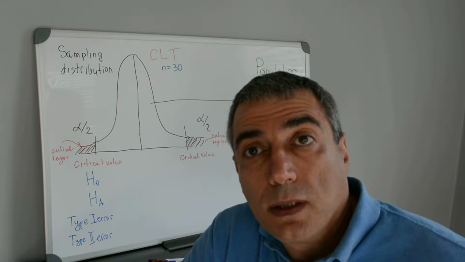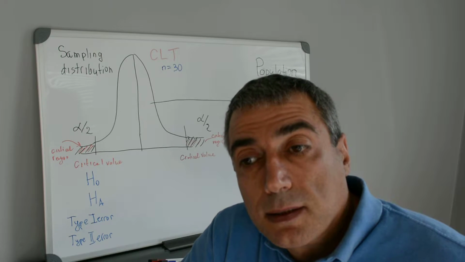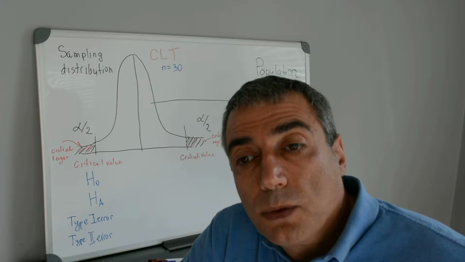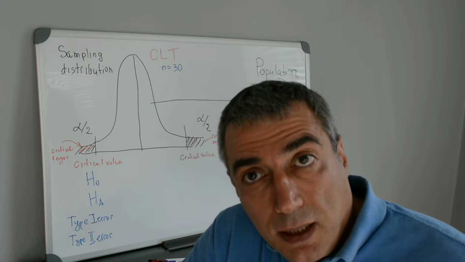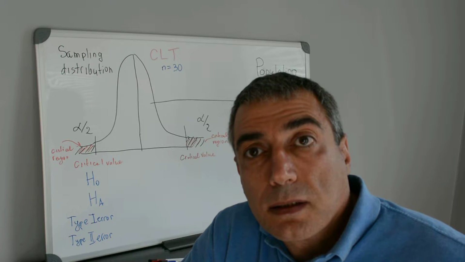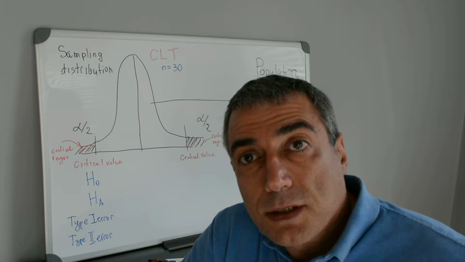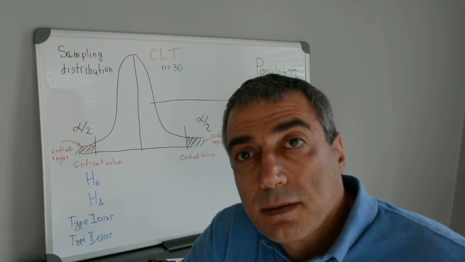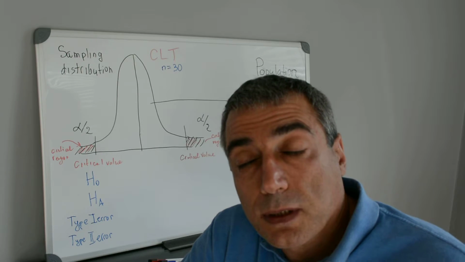Let's talk about type 1 and type 2 error. Certainly, when someone utilizes a limited number of samples, there is some error associated with making decisions, and those errors for hypothesis testing are called type 1 and type 2 error.